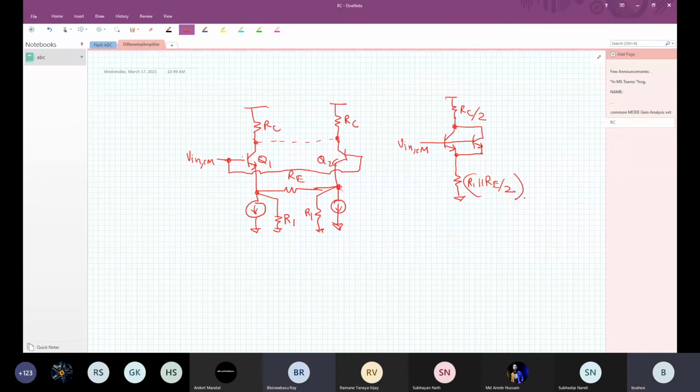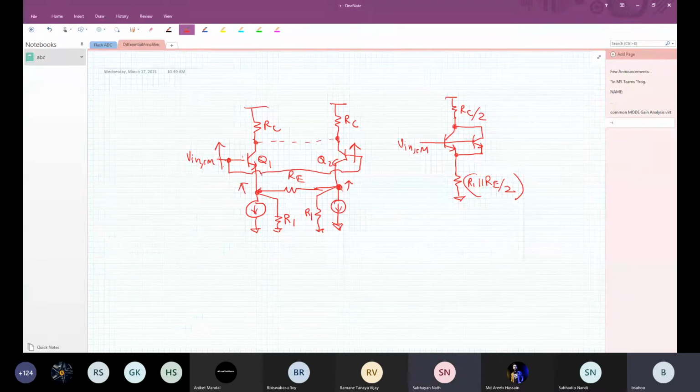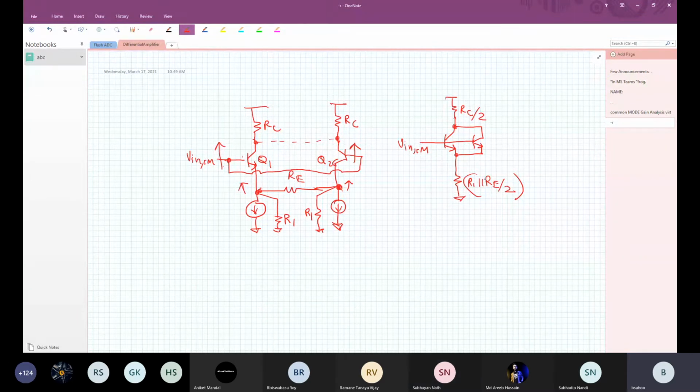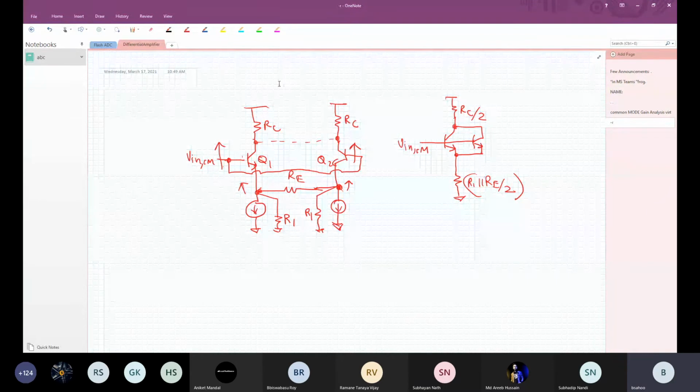Think of it this way. If this goes up, at the same time, because they are shorted, these two nodes move up and down at the same rate, with the same voltage, so RE vanishes. For a common mode analysis, RE vanishes.